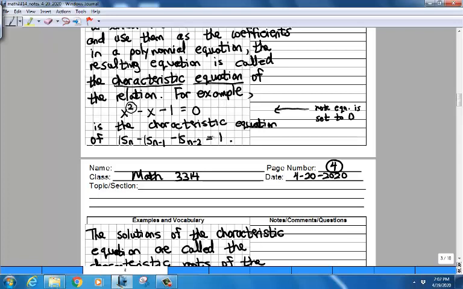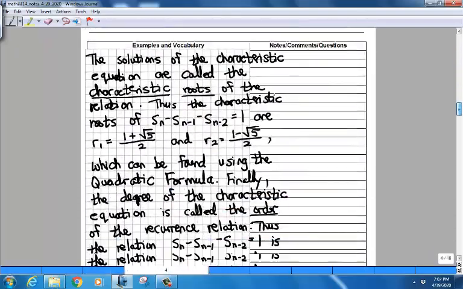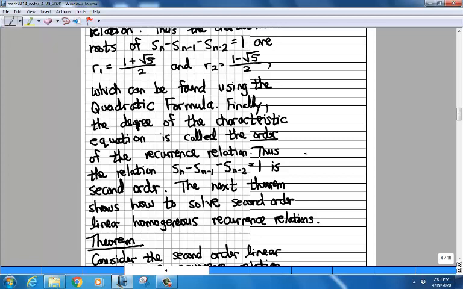That's okay, people will understand what you mean, but the real official terminology is order. So this recurrence relation is second order. We're only going to be looking at second order or first order recurrence relations. We're not going to look at higher order recurrence relations, although they do exist.